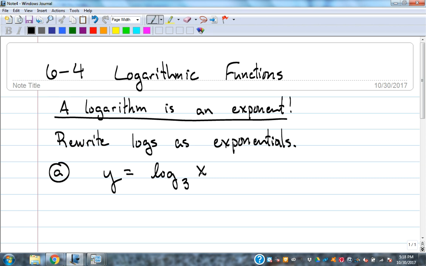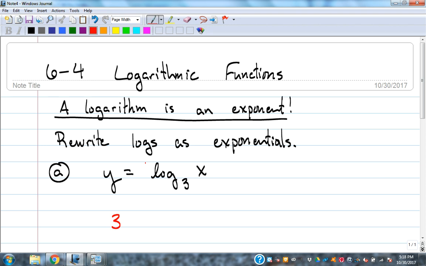So if you can read it correctly, it almost spills the beans as to how you're supposed to do it, okay? The way it works, whatever the base is for the log, that's the base for the exponential, okay? A logarithm is an exponent. So in math, "is" means equals, right?